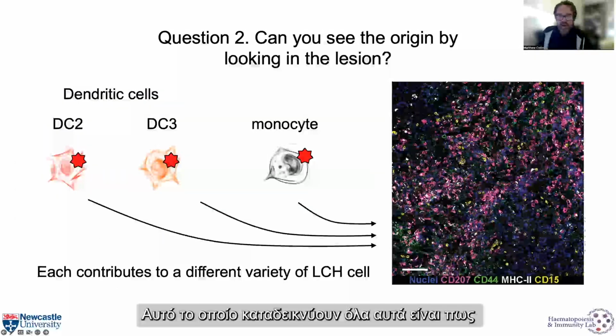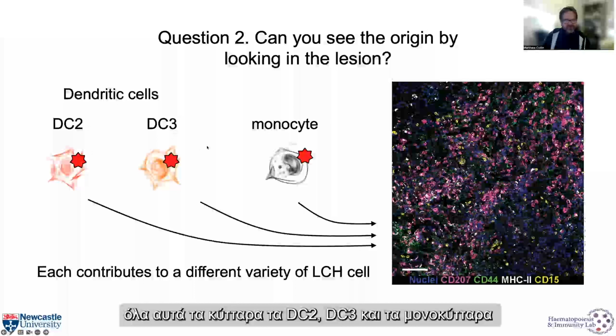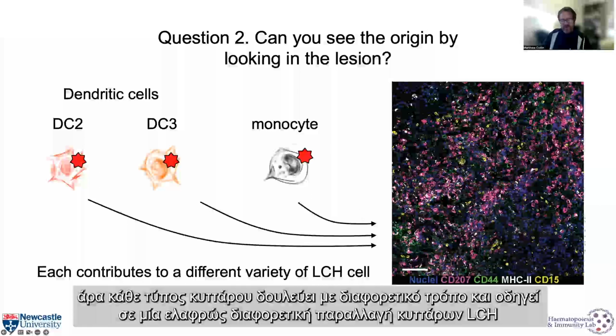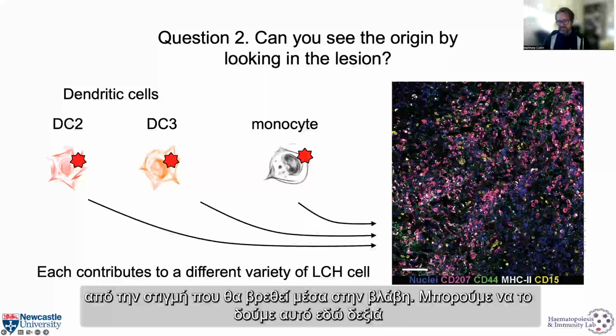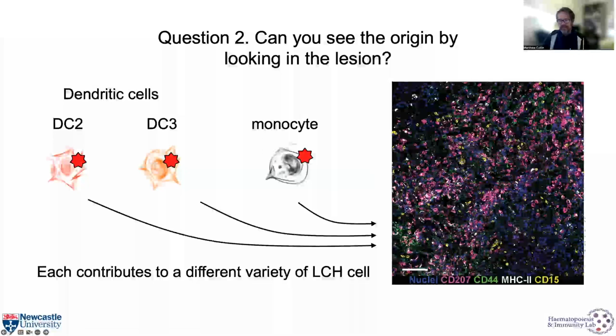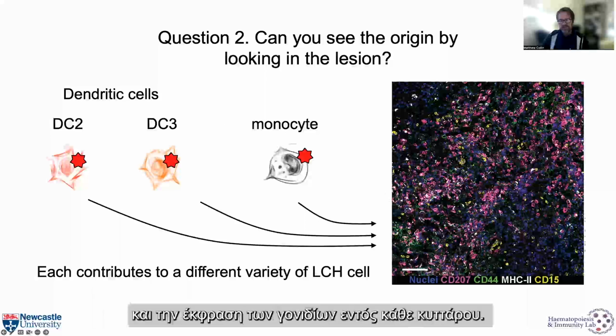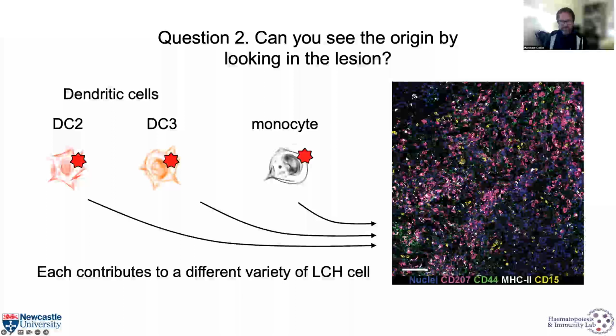So what this suggests is that all of these cells, DC2, DC3, and monocyte, work together to make the LCH lesion, but each type of cell contributes to a slightly different flavor of LCH cell once it's in the lesion. And we can see that from evidence of the markers that they express within the lesion and the expression of the genes within each cell.